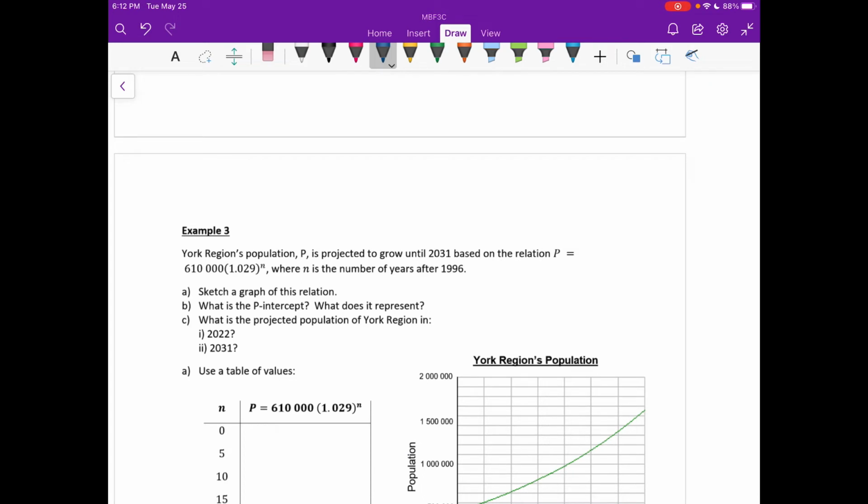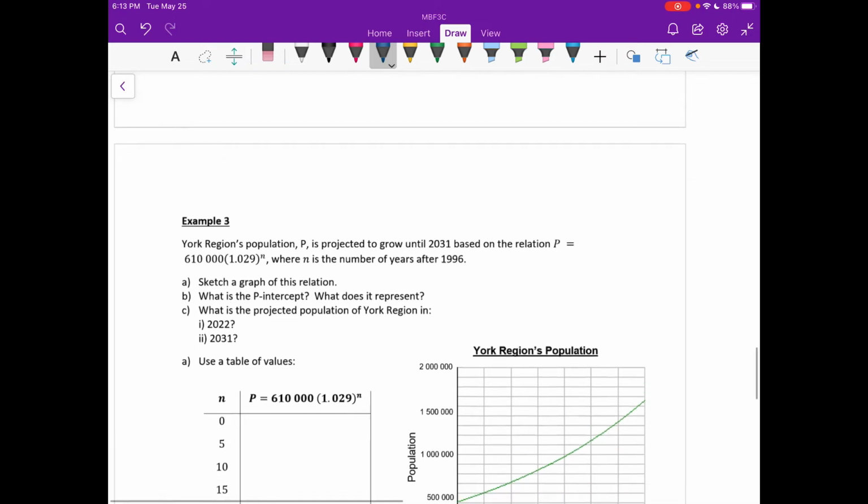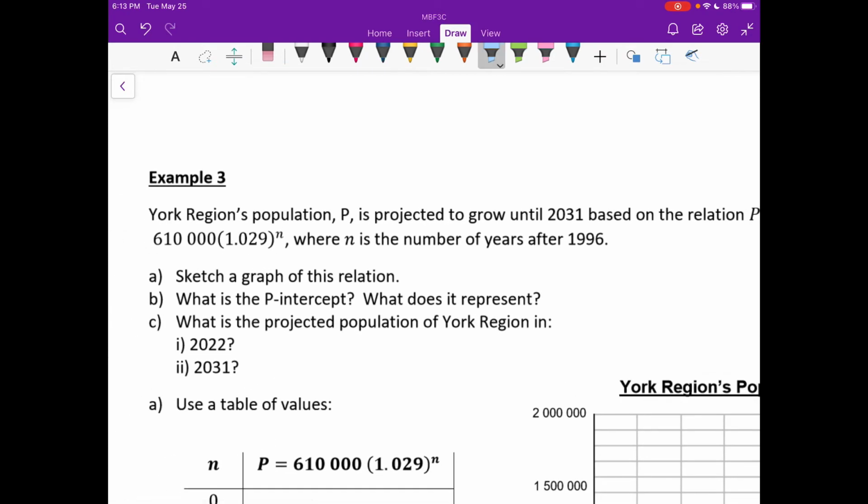So let's do an example together and see how to read these. It says York's population, P, is projected to grow until 2031 based on the relation, where n is the number of years after 1996. So we're starting off with 1996 when they started measuring the population, and we're measuring the number of years after that.